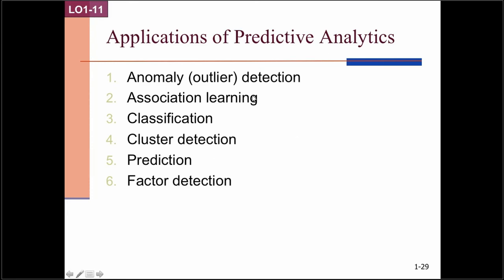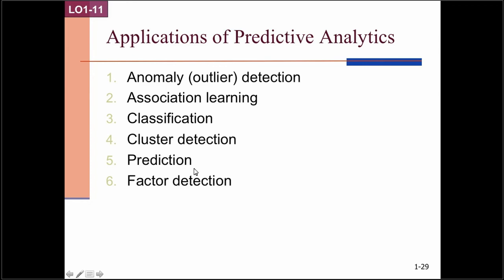Cluster detection, if you want to see similarity between customers. For example, Best Buy clusters their customers based on their salary, based on their purchase habits. So accordingly, they give different credit amounts to their customers, especially the newer customers.